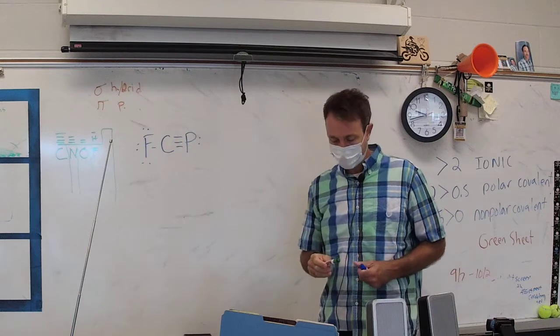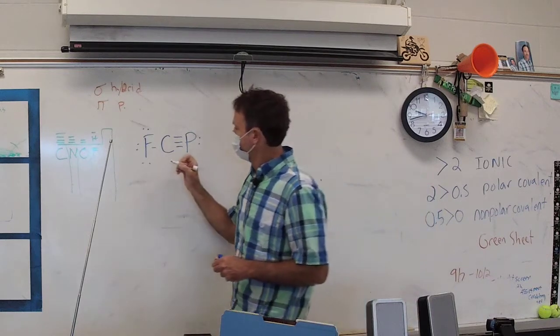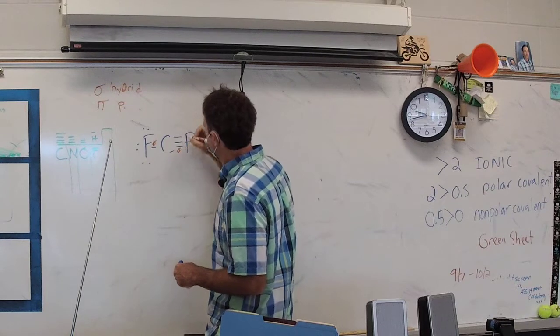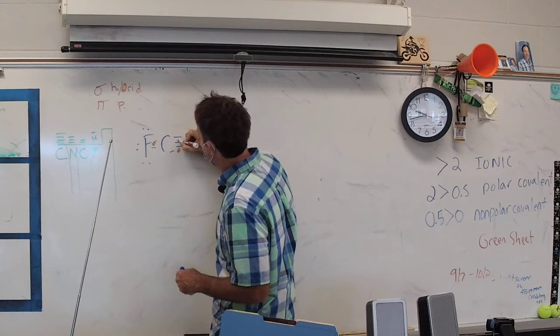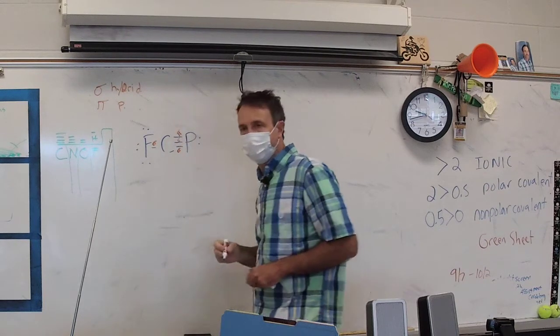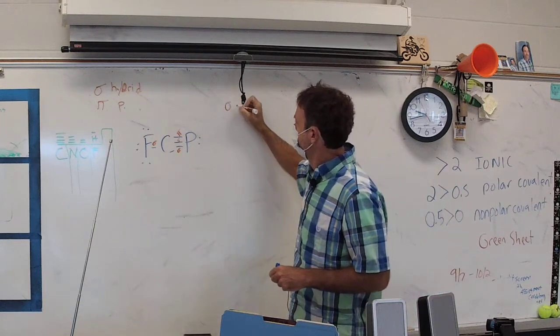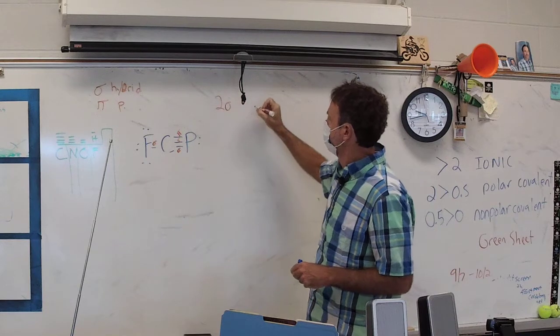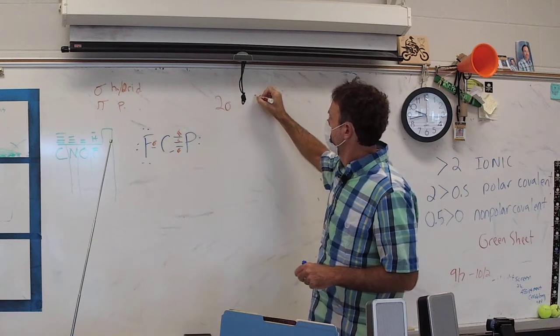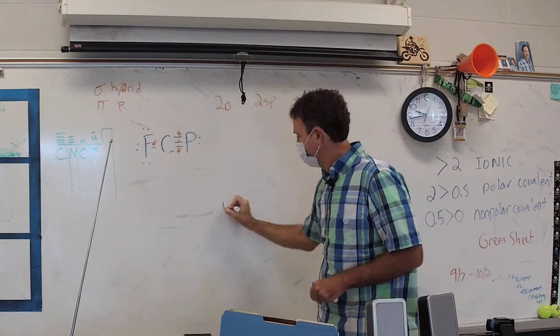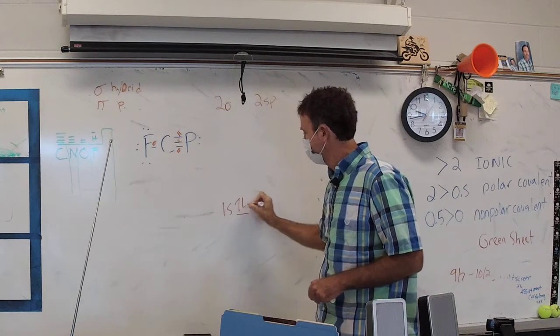Now let's take a look. This one would be called sigma, this one sigma, and then the other 2 would be pi and pi. Remember, there are 2 sigma bonds, so there are going to be 2 sp orbitals. We start at the bottom with 1s, up, down, that's always the same.